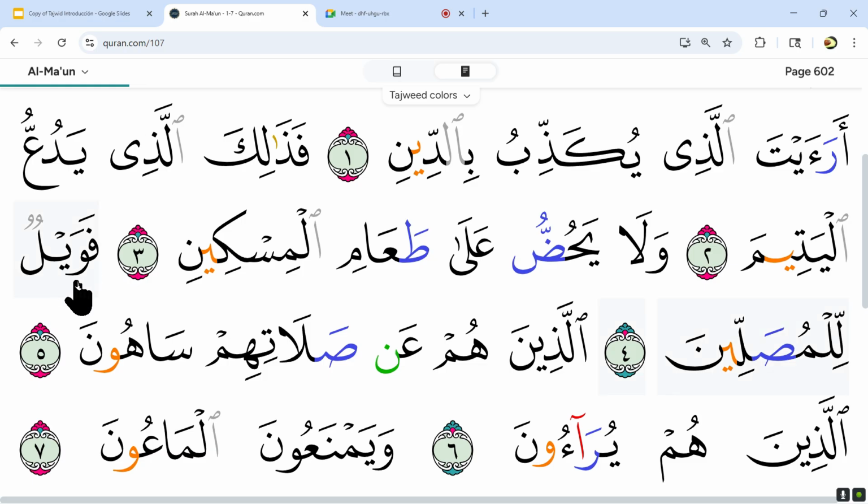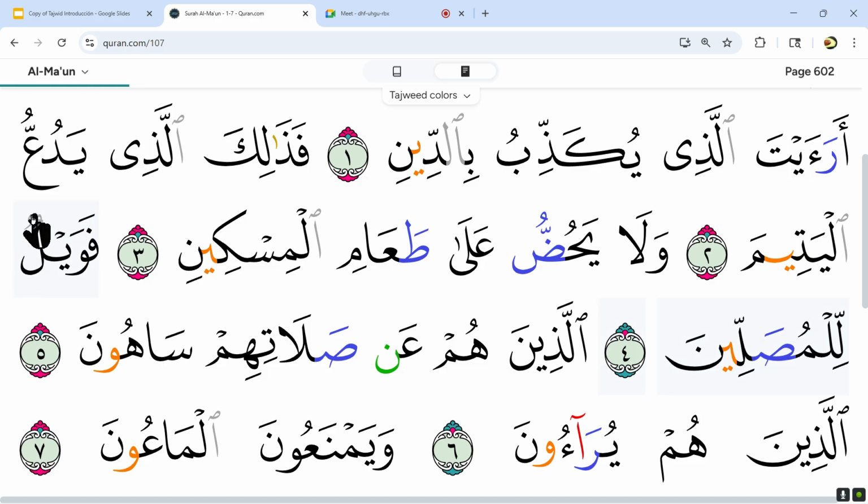We have a noon sakin right here on the fourth ayah. If you were to read this by itself, فَوَيْلٌ, you'd just pronounce that noon clearly.